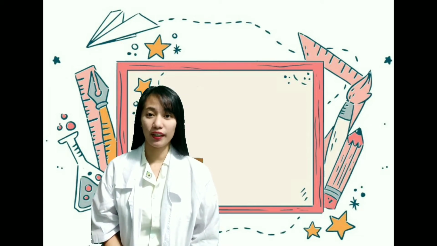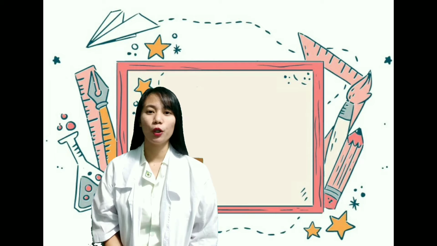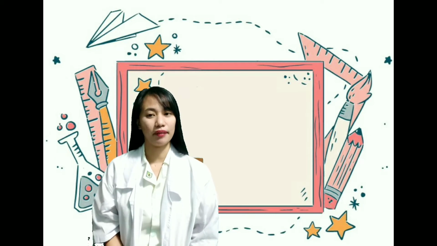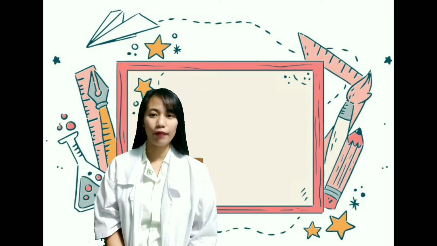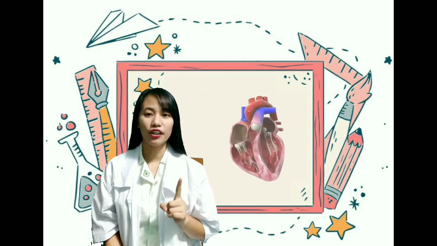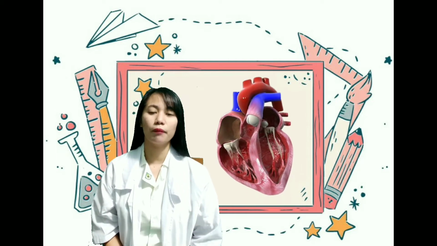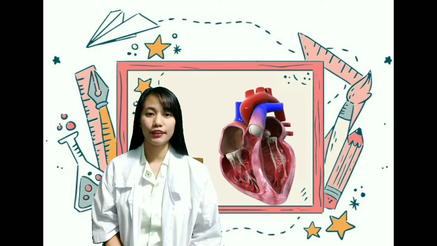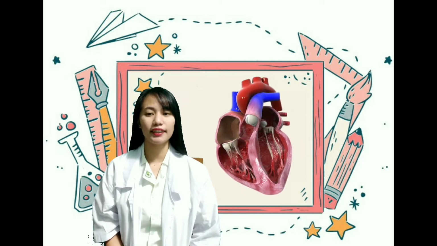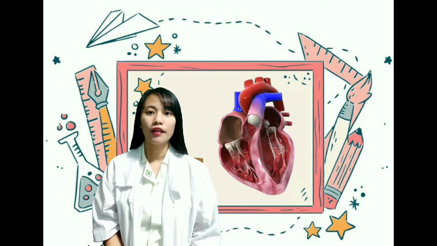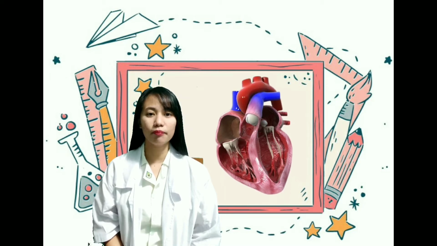Before we discuss our lesson, let us first recall what we have learned in our last meeting. So last time, we've learned that first, the heart is the muscular organ about the size of a fist. It is located just behind and slightly left of the breastbone. The heart pumps blood through the blood vessels.